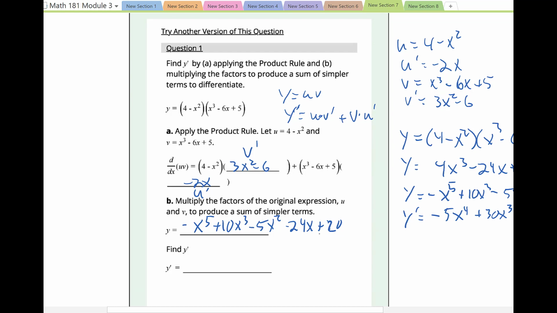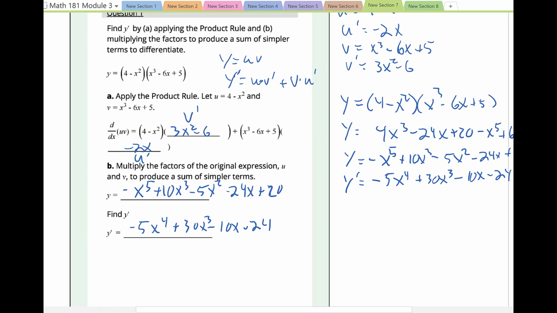And the derivative was negative 5x to the 4th plus 30x cubed minus 10x minus 24. And that's the same answer as if you distributed the derivative of uv up on top. So there you go.